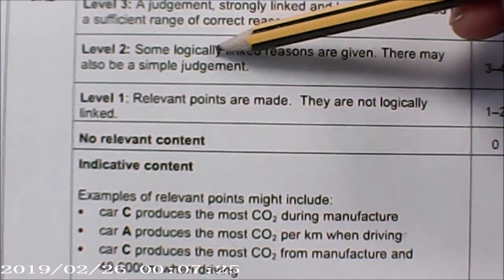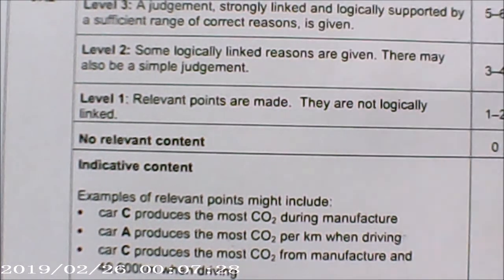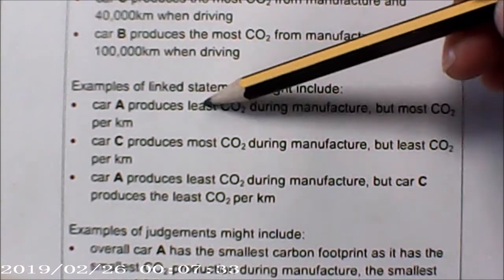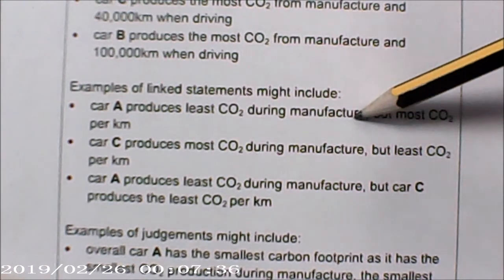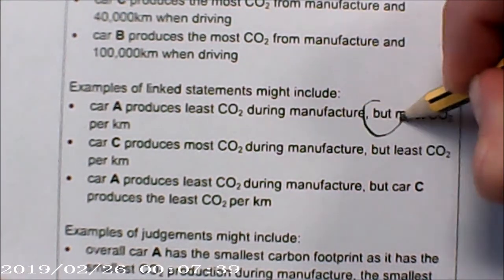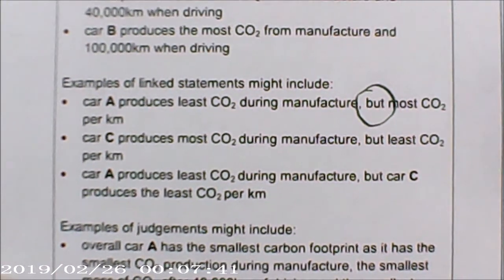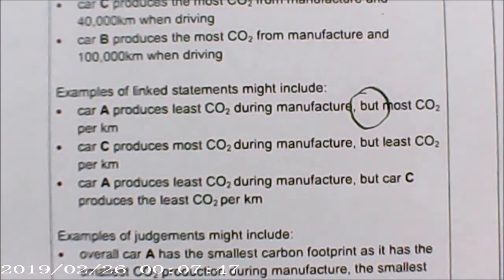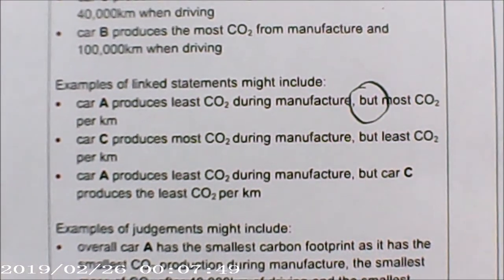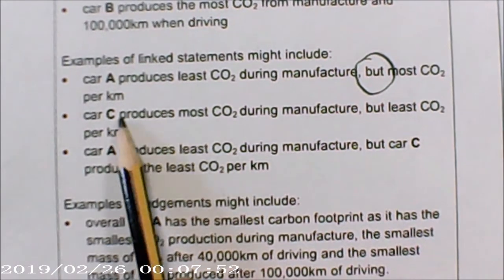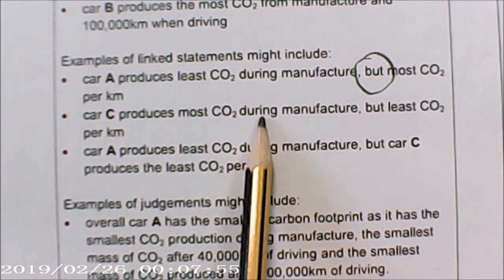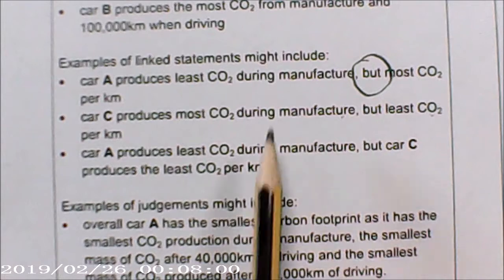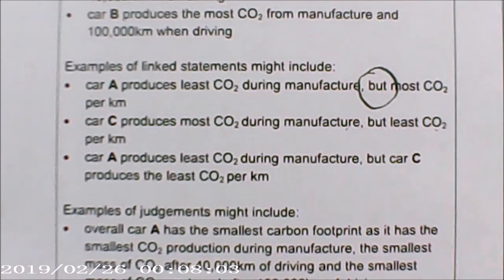To get to level 2, we've got to give a couple of logically linked reasons. So if we say that, for instance, car A produces the least amount of carbon dioxide during manufacture, but most carbon dioxide per kilometre, instead of just writing it out line by line, then that is a logically linked answer. You might have said that car C produces most carbon dioxide during manufacture, but the least amount per kilometre, then that is a linked response.